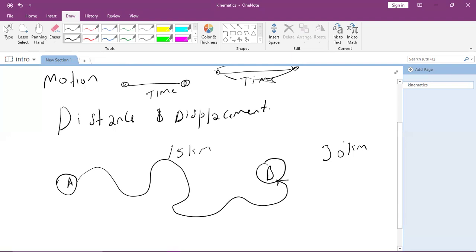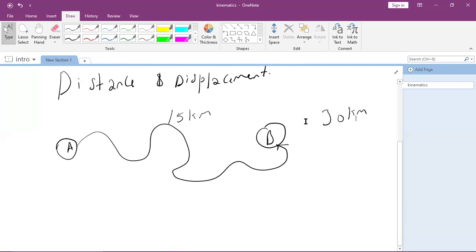But when you're talking about displacement, you don't consider this curvy route. You just measure a straight line to your position. So the displacement from A to B is what? 15. Now, here's the difference.